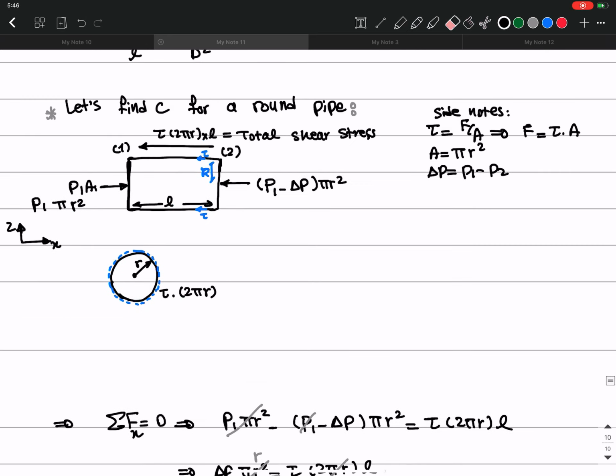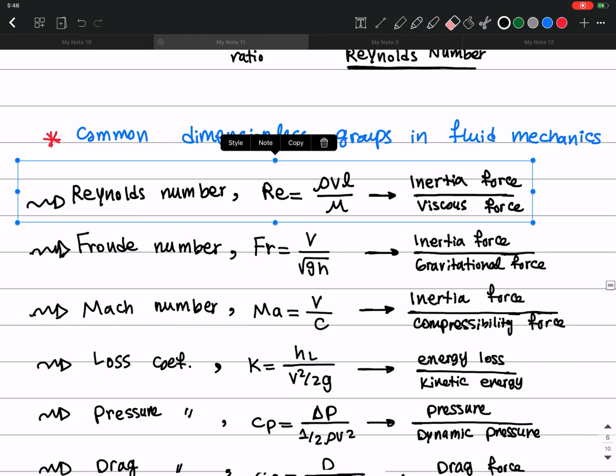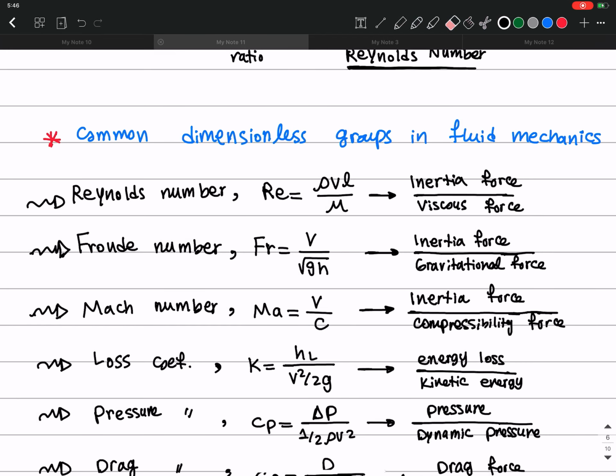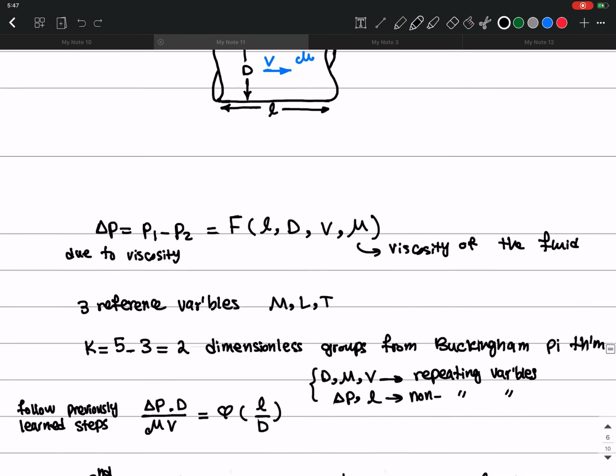Why? Look at what we had before. Very interesting. Look at this number: it's rho V L over mu. It's the Reynolds number that we learned before.